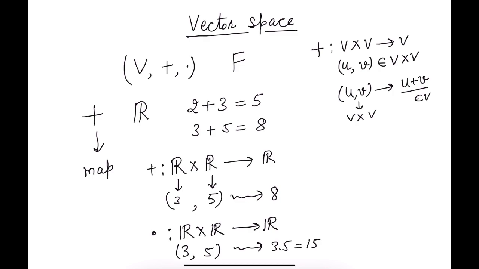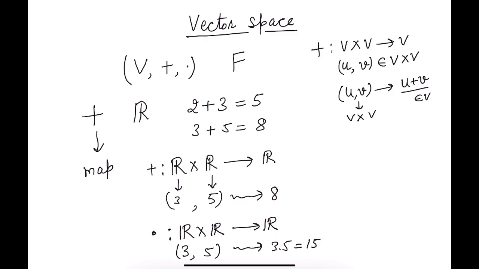Plus means the addition operation. This maps from V cross V to V. That is, any ordered pair in V cross V is mapped again to an element of V. The members of V are called vectors, and this operation addition is called vector addition.